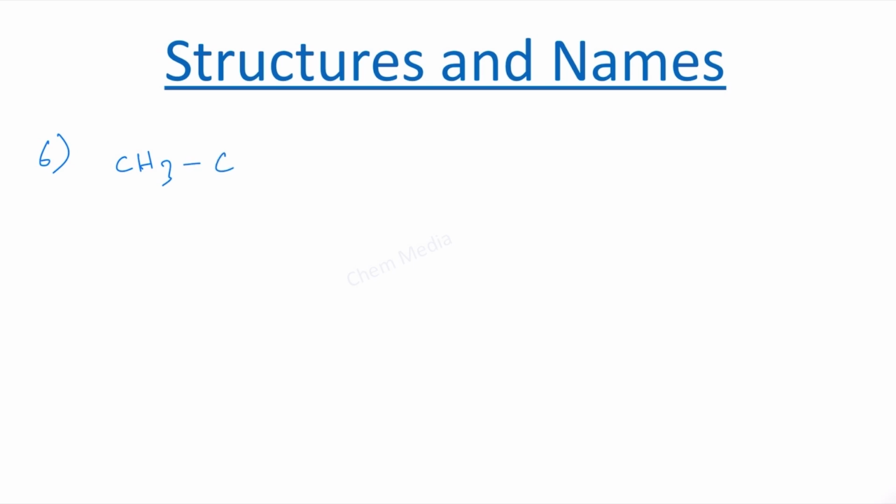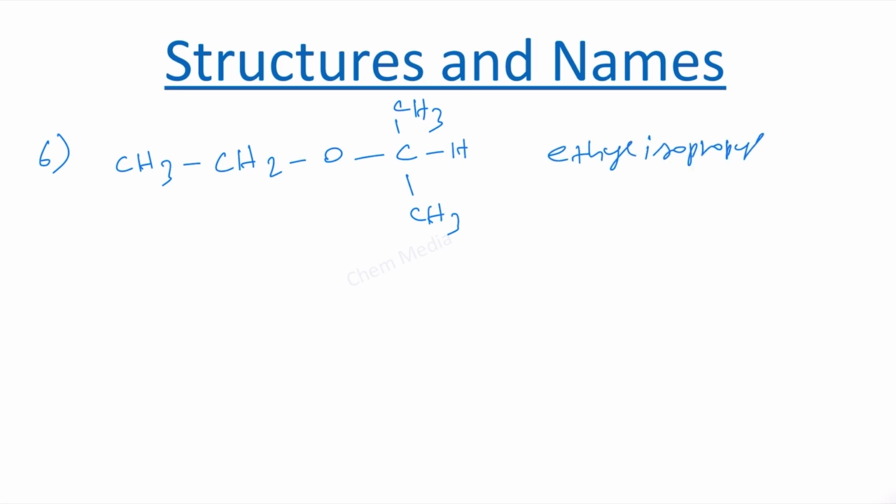So, we have CH3CH2O and then CH and then CH3, CH3. This is ethyl isopropyl ether and the corresponding structure in bond line notation will be 1, 2 and then the oxygen atom and then the isopropyl group on the other side.